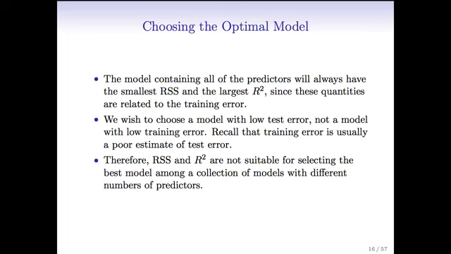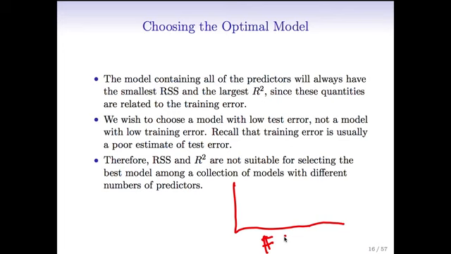So we mentioned that the model containing all of the predictors is always going to have a smaller RSS and a larger R squared than any other model, because these quantities are really related to the training error. So again, this is a picture that Rob drew.